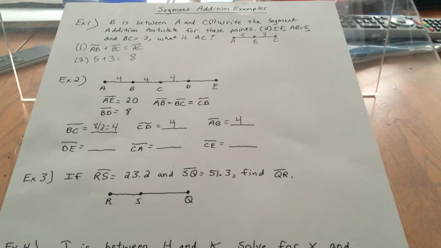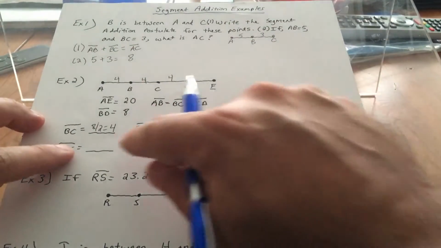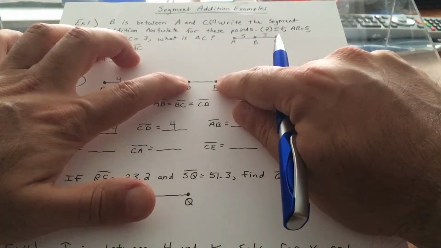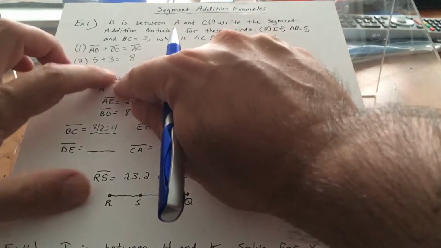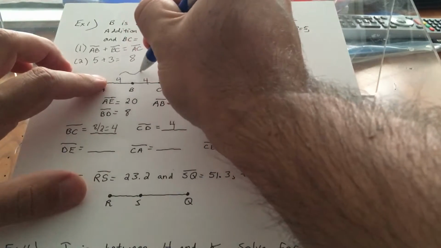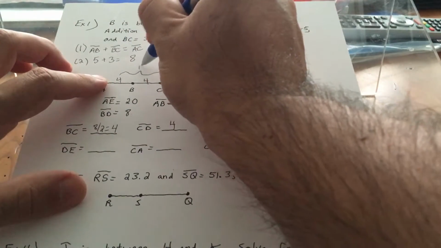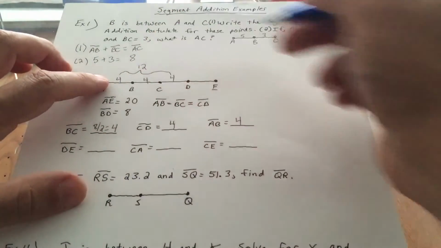All right? It helps if you write that up on the problem, because then when you start looking at these other segments, you have a number for them. So now we need to find segment DE. The way we go about doing that is, first of all, if we add up these 3 segments, they add up to 12, or 4 plus 4 is 8, plus 4 is 12.